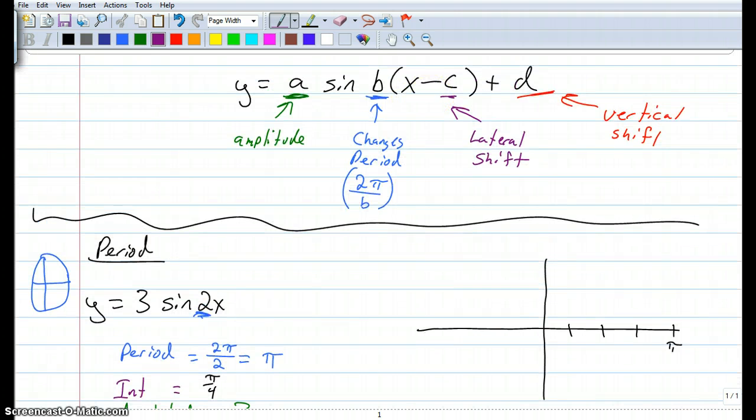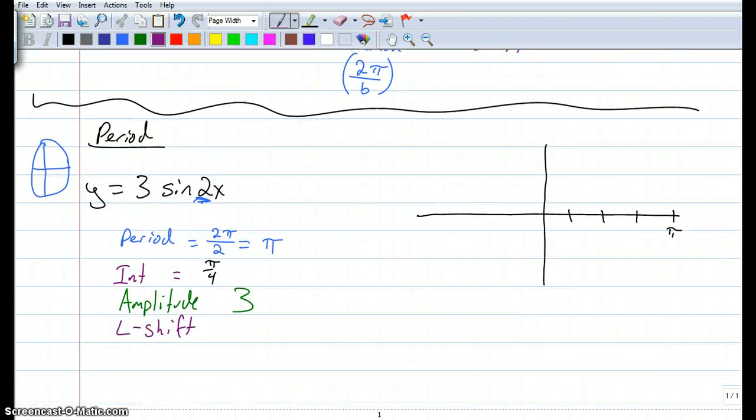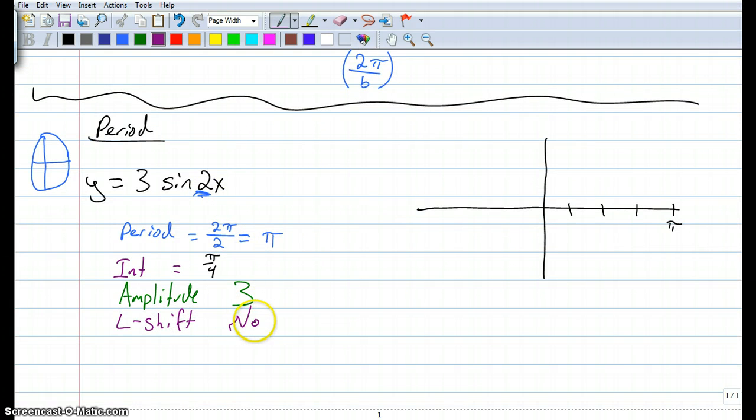Remember, it's x minus c. The c is inside parentheses. There's no parentheses, so here there's none. And we talked about the vertical shift, and that's if we're adding something outside the parentheses. There's nothing being added here. Thus, it's none as well. All right, so catch up writing that stuff down.